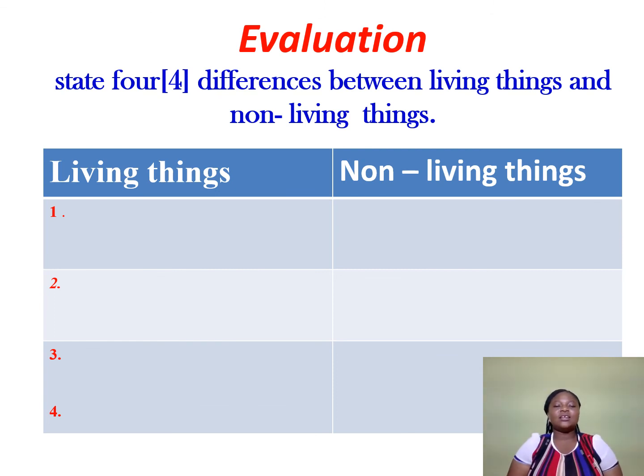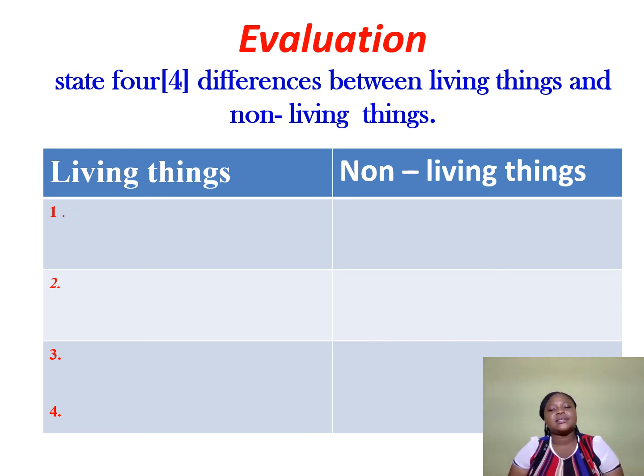Evaluation. So let's take our pencils and exercise books to answer the following questions, okay? So state 4 differences between living things and non-living things. We have it in a table form.